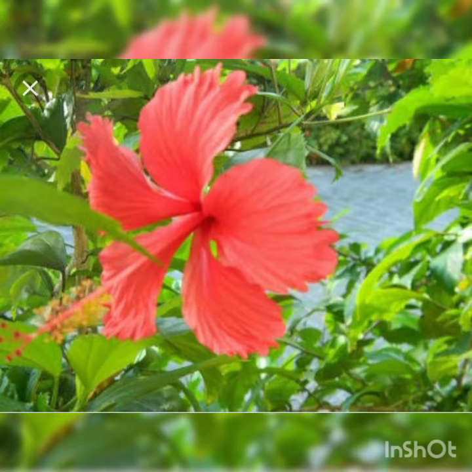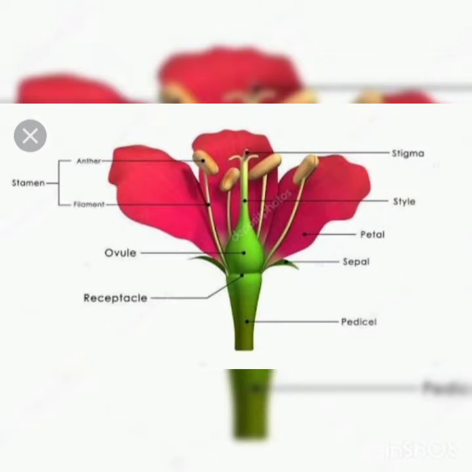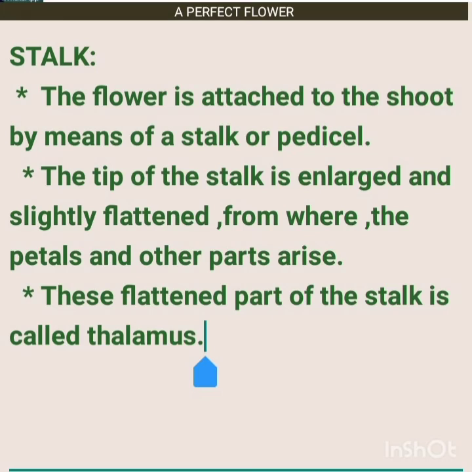Then we come to the typical parts of a perfect flower. First, the stalk. The flower is attached to the shoot by means of a stalk or pedicel. The tip of the stalk is enlarged and slightly flattened, from where the petals and other parts arise. That means the stalk is the base of the flower.